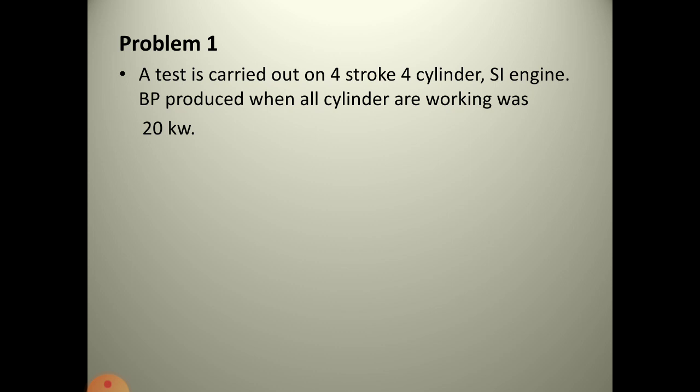We have to calculate indicated power, which means we have to conduct the Moore test for the 4-cylinder SI engine. The total brake power is 20 kilowatt, and we have to find out the indicated power of the 4-cylinder engine. Okay.